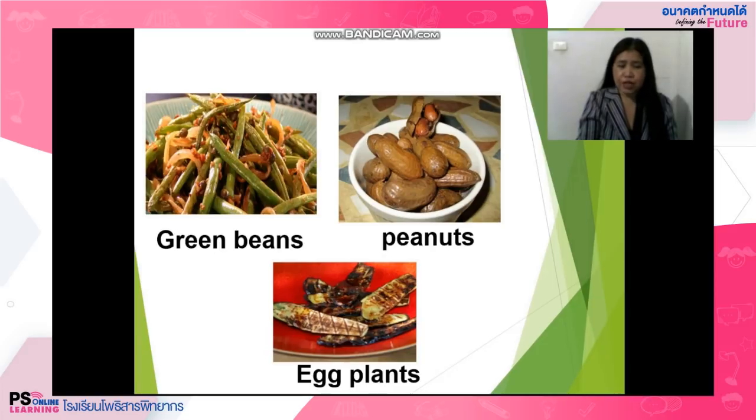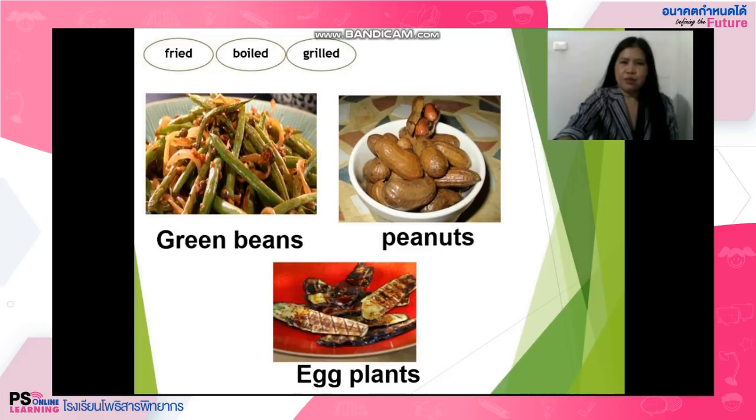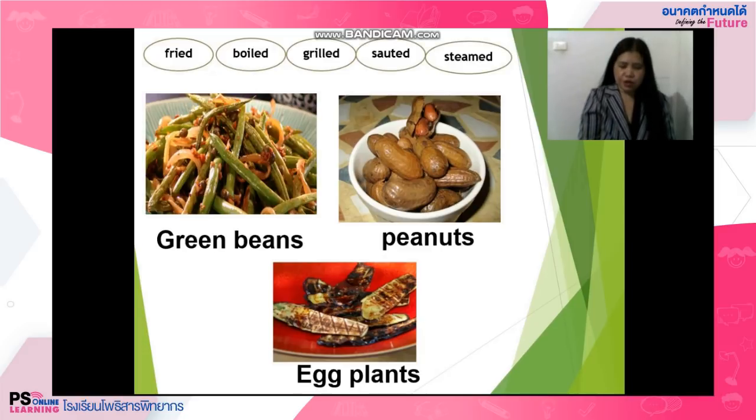If you don't know what eggplants are, what are eggplants in Pasatay? Macayao. I'm not sure if I'm correct, but eggplants. They are vegetables. Okay, so how are they cooked? Are they fried, boiled, grilled, sauteed, or steamed? Write on your notebook.